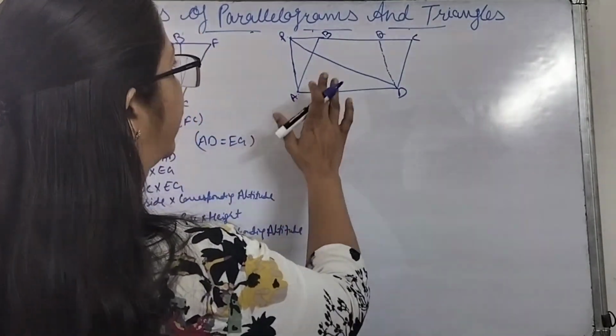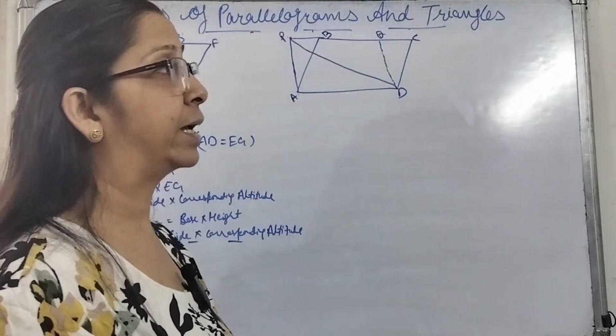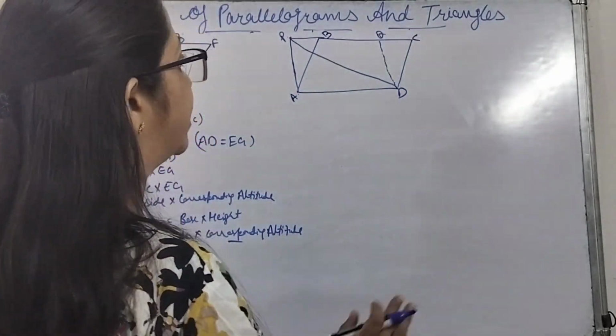Now what we have to find is the area of the triangle. For that, first of all, we will do a construction.